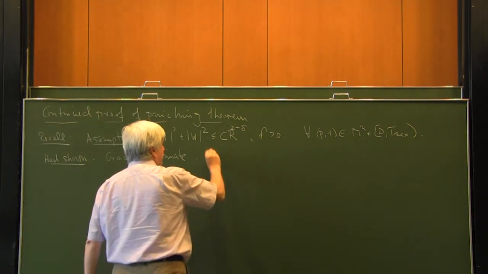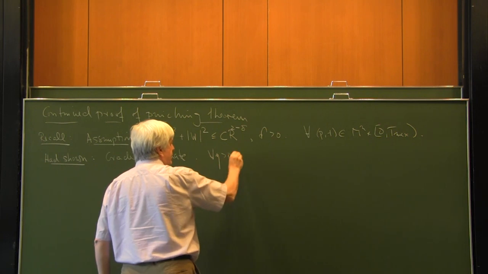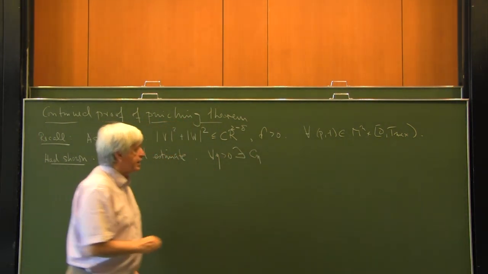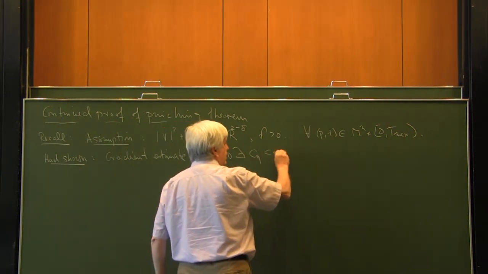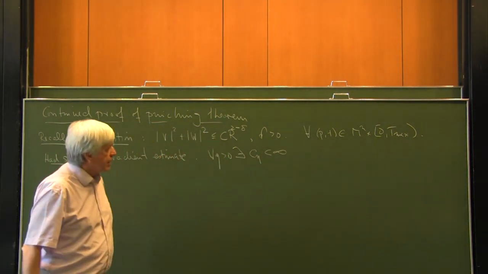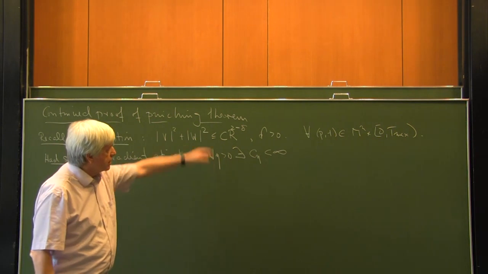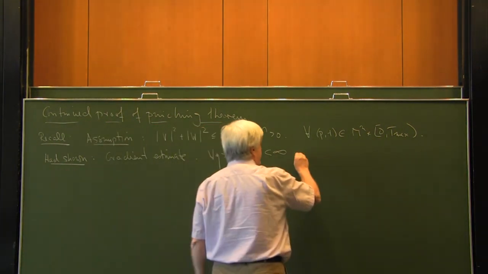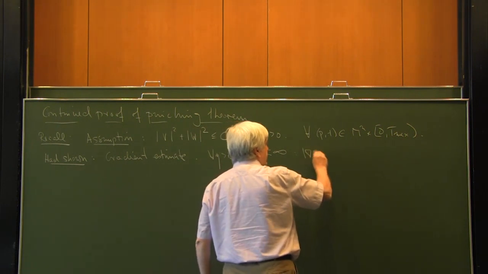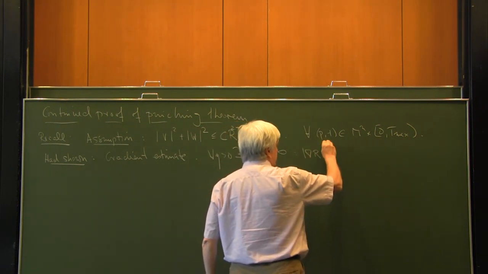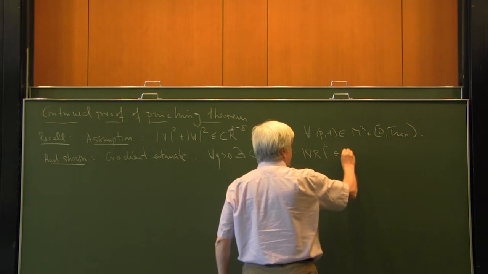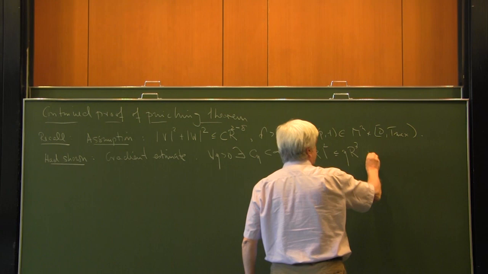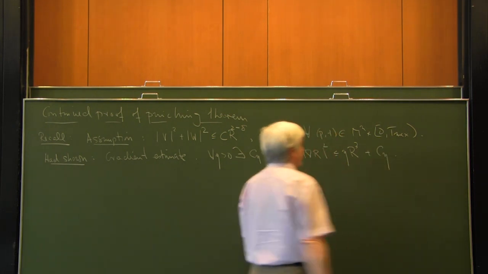For any eta bigger than 0, there exists some c_eta less than infinity, depending on the initial data and of course on the pinching condition constants, such that the gradient of the scalar curvature squared is less than eta times R cubed plus c_eta.